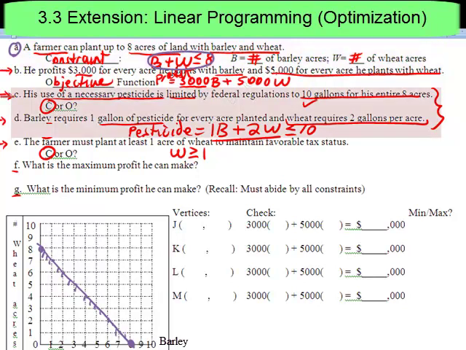Let's go to the next constraint. He can only use 10 gallons of pesticide. So that's C and D here. What's the B intercept here? This is for barley. For barley, it's 10. And for wheat, it's 5, okay? So we got a slope of -1/2.